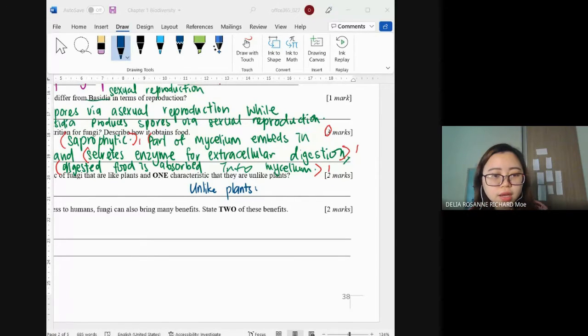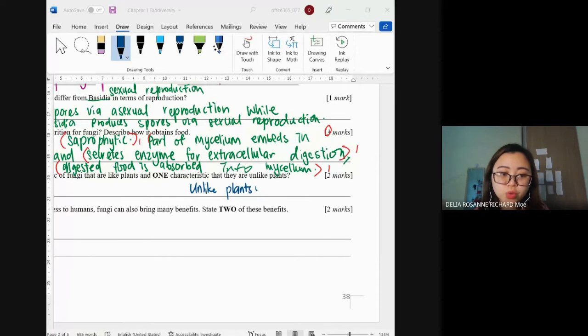Okay, let's look at the answers here. Lim's answer, similar with plant, is alternation of generations. Alternation of generations is not the common answer because alternation of generations in fungi and alternation of generations in plant is quite different.